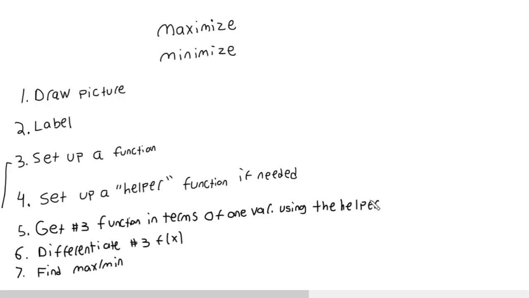Really straightforward. Honestly, I think the big problem is not so much steps 5 and onward. It's really just steps 3 and 4. Those steps 3 and 4 are what give people the most trouble. And if you can do these successfully, this section should be relatively straightforward for you.